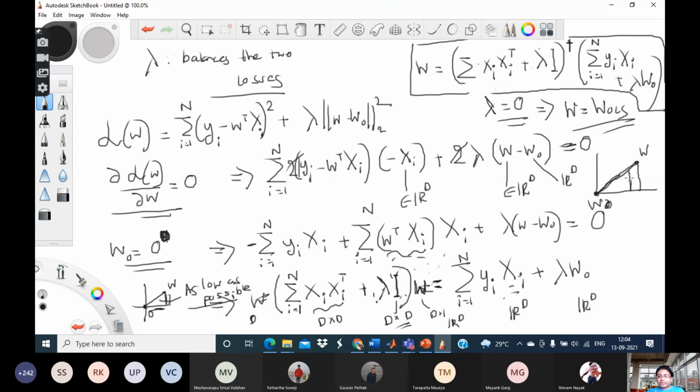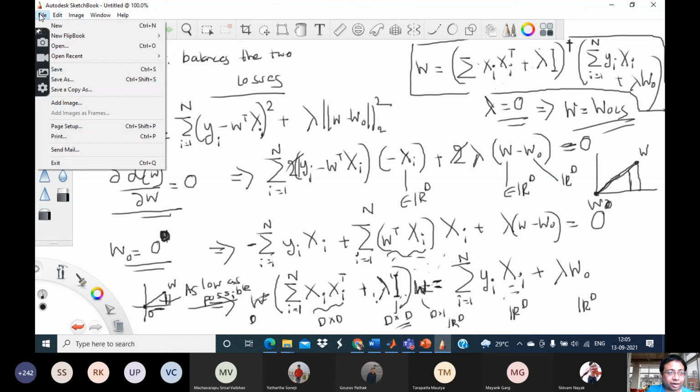So that basically means that when I put W naught equal to the origin, the zero vector, what I am actually achieving is that I am trying to find such a solution W where all the coefficients are as small as possible, subject to the constraint that the squared error also cannot be arbitrarily large, right?